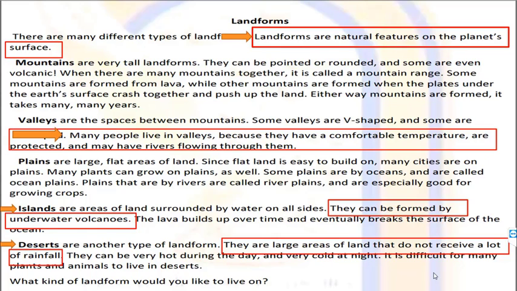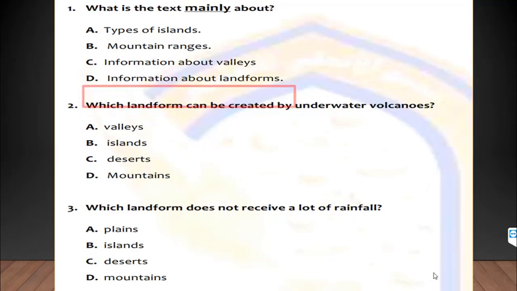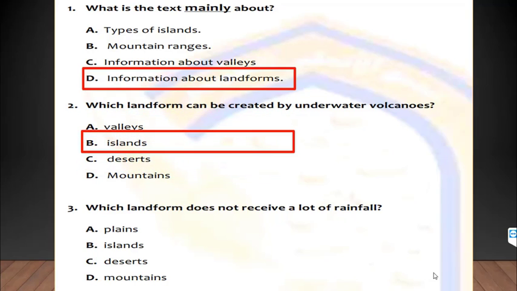Look at the fifth paragraph. The fifth paragraph clearly shows the answer. Islands can be formed by underwater volcanoes. Now the answer is islands.